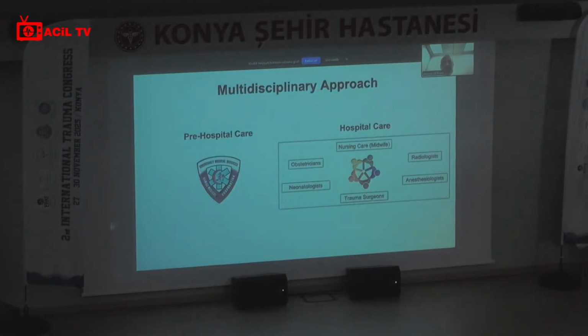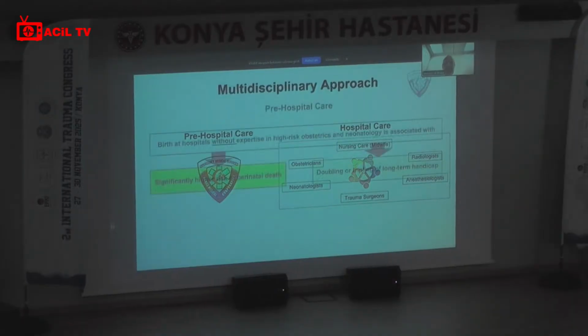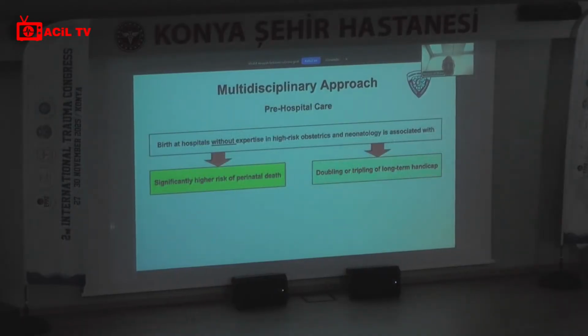So how do we actually do the multidisciplinary approach in Doha, and how we do it in HMC. We divide it into pre-hospital and hospital. In the hospital, we have the trauma surgeon, neonatology, obstetrics and gynecology, nursing care, radiology, and anesthesia. Over this period of time, we have built a multidisciplinary team that starts from the pre-hospital stage.